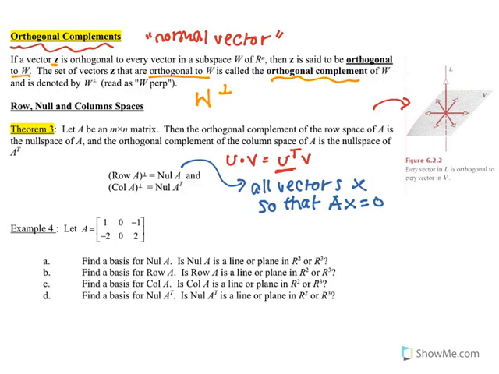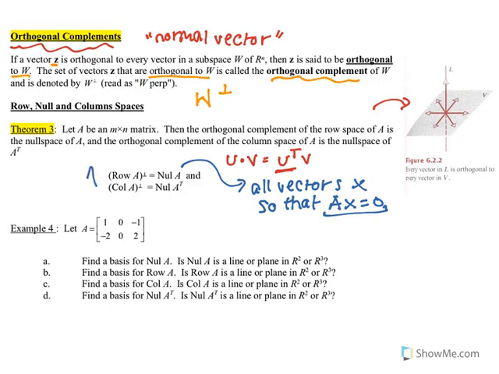AKA, when X is multiplied by one of the rows, I get out 0, meaning it is perpendicular to each row. Okay, and the opposite, if I wanted to find the orthogonal complement of the column space, then I have to transpose A, switching the rows and columns, and then find the null space. Okay, but again, this has all to do with the fact that we're using the null space as the orthogonal complement because I want to multiply a vector times A and get out 0. Because that's like me dotting X with all of the vectors in A at the same time and getting out 0 for all of them.